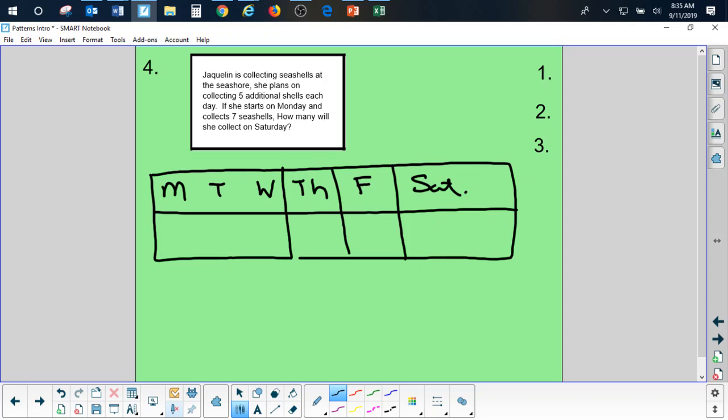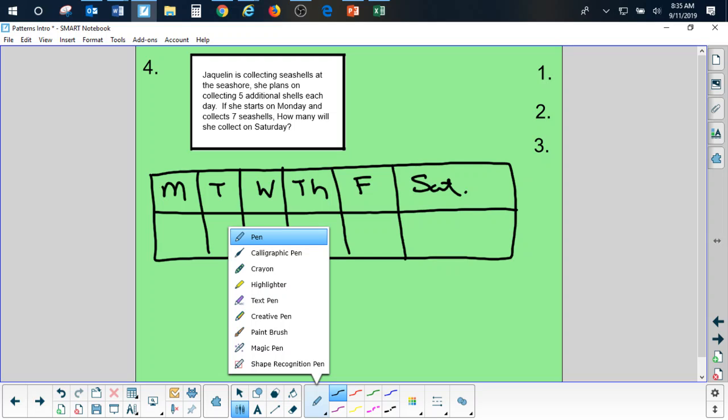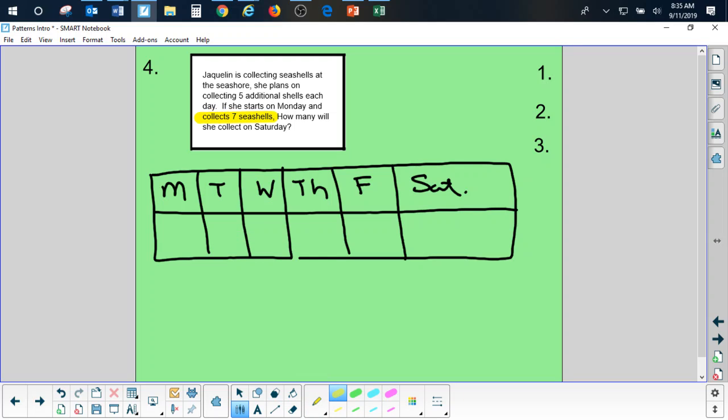My table is going to look a little bit different. And they tell me that she starts on Monday and collects 7 seashells. So I'm going to put 7 for Monday. And she also collects 5 additional seashells each day. So if she collects 5 more, by Tuesday, she has collected 7 plus 5, which is going to be 12.